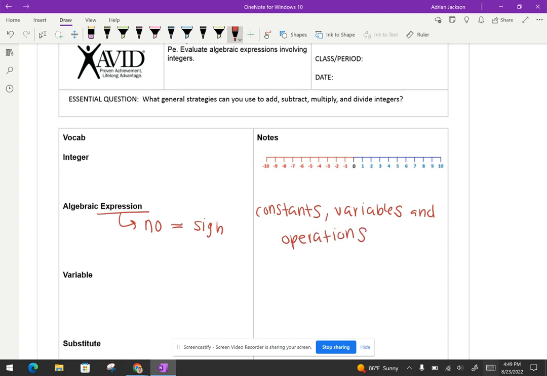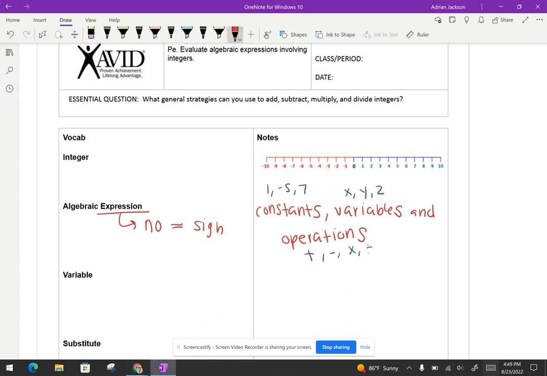A constant is just like a number. So 1, -5, 7. Variables, those are your letters, X, Y, Z. And then operations, that's like plus, minus, times, division, just anything like that.